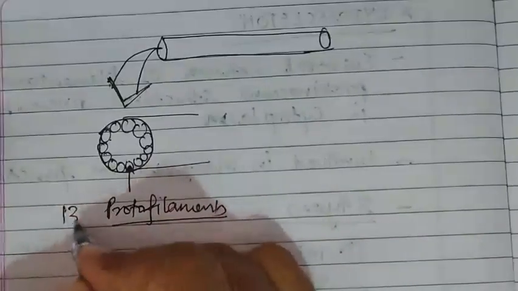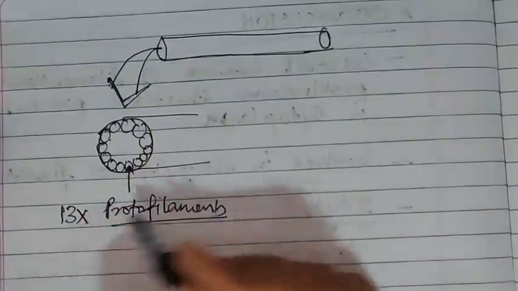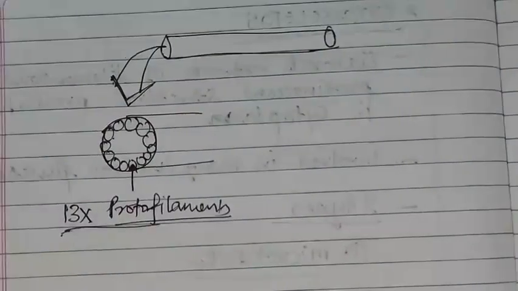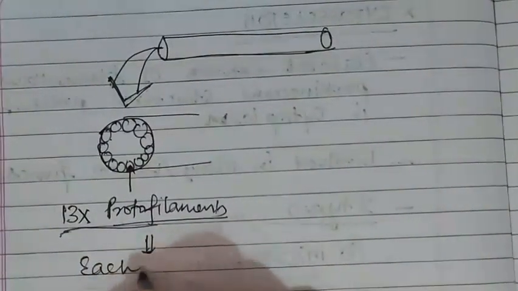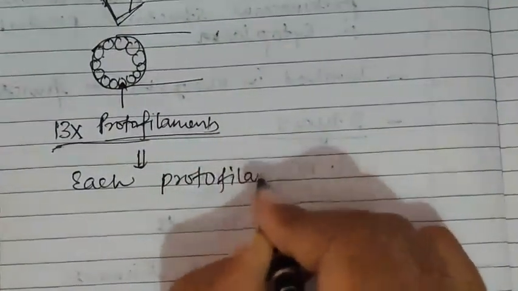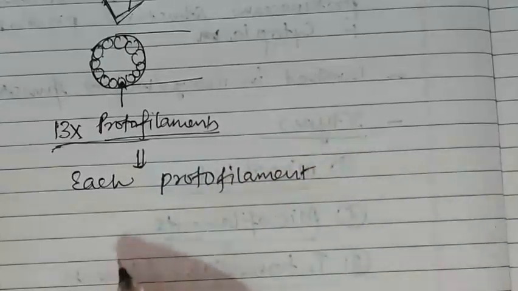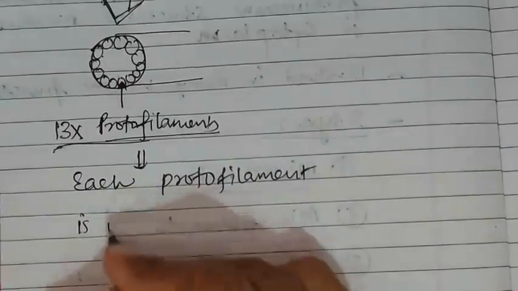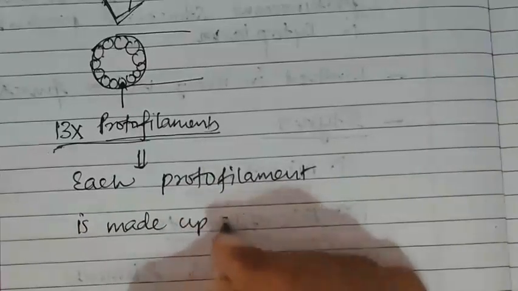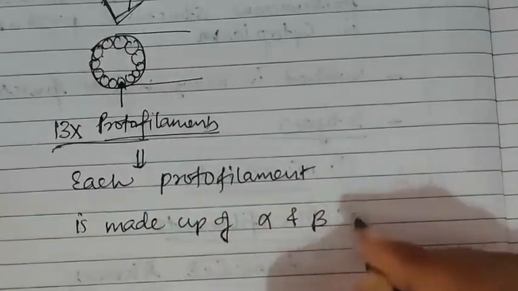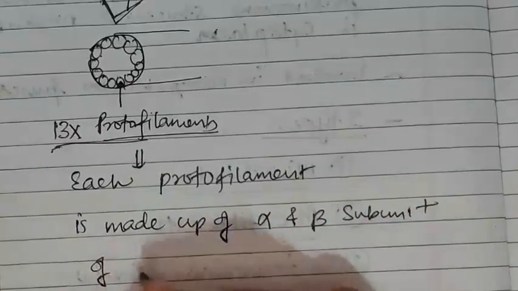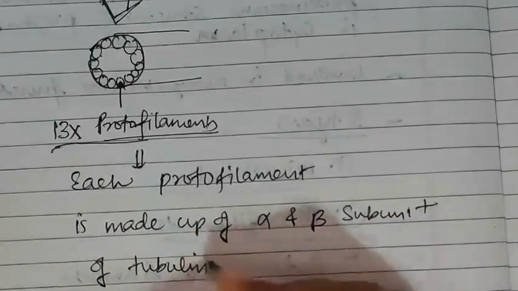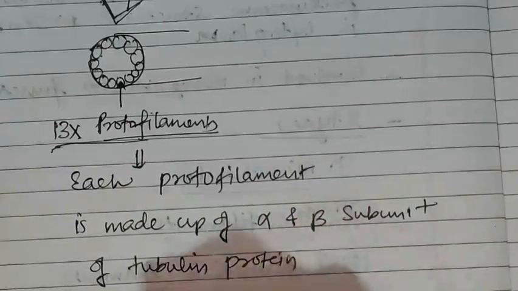And how many protofilaments are there? 13 protofilaments are there. Okay, so 13 protofilaments are found here. Each protofilament is made up of alpha and beta subunits of tubulin protein.